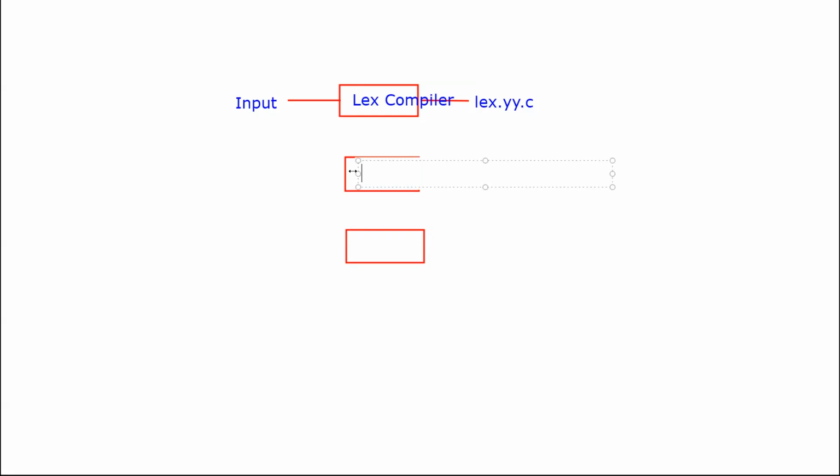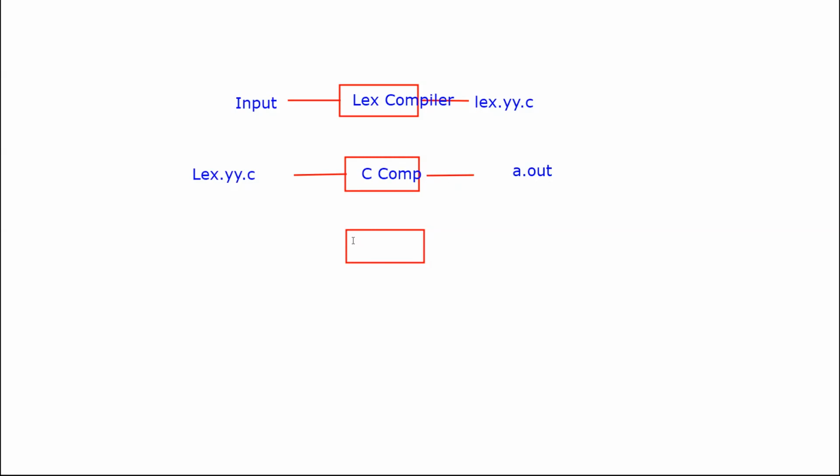Now the second step is the C compiler. The input for the C compiler is the file generated as lex.yy.c. So lex.yy.c, generated in the first step, behaves as the input for the C compiler, and the output generated by the C compiler is the file called a.out. So basically the file a.out is actually a lexical analyzer.